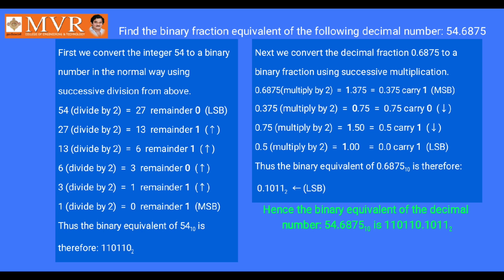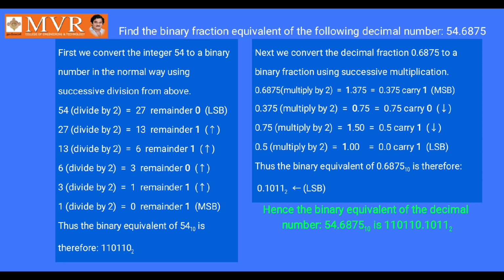So you know how to convert the 54 decimal number into binary. Simply by division: you divide 54 by 2, got 27, remainder 0; 27 by 2, quotient 13, remainder 1. Like that, until you get the quotient as 0, you perform the division with base 2, because it is binary conversion.